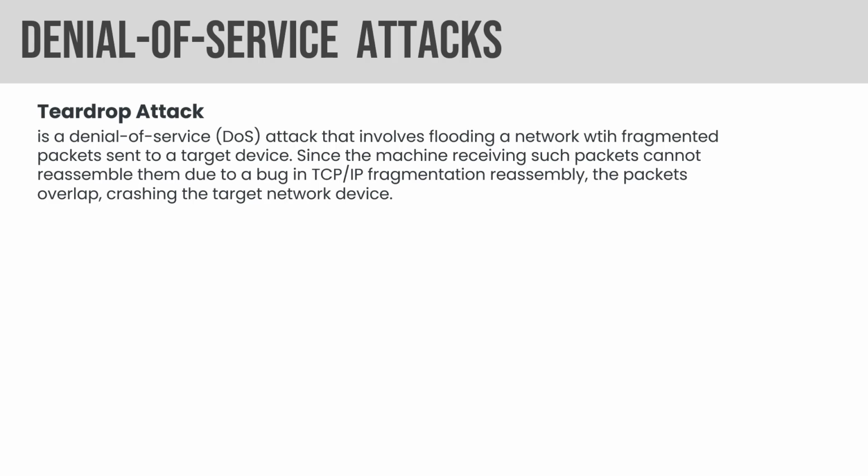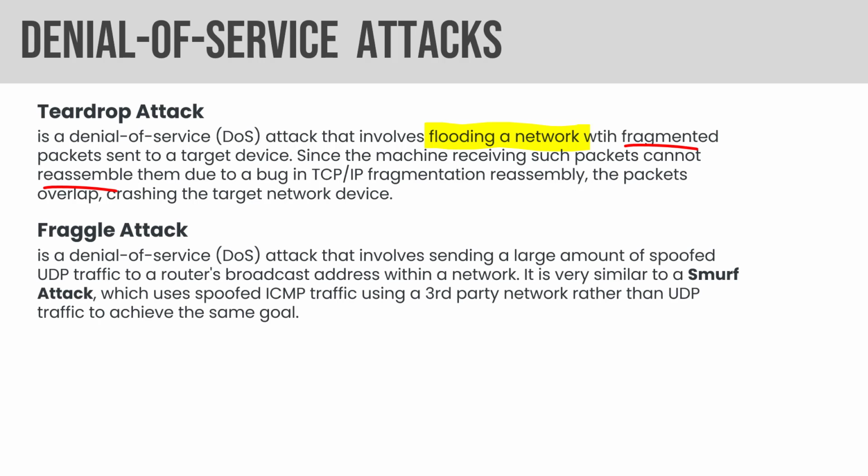So there's the teardrop attack, which is a denial of service attack that involves flooding a network with fragmented packets sent to a targeted device. But the key here is they're fragmented packets, and the receiving machine can't reassemble them due to a TCP/IP bug, so essentially it winds up crashing the targeted device, which is the desired effect.